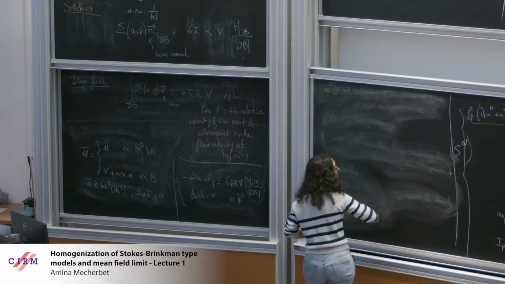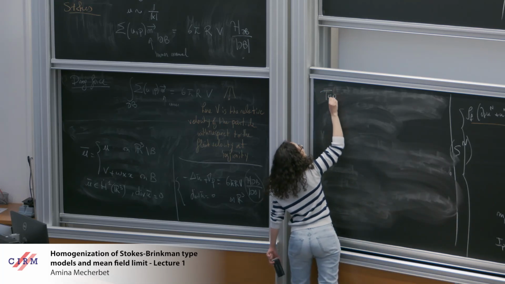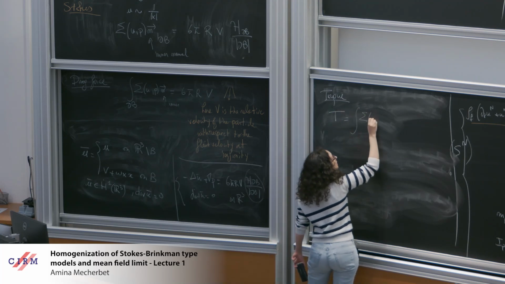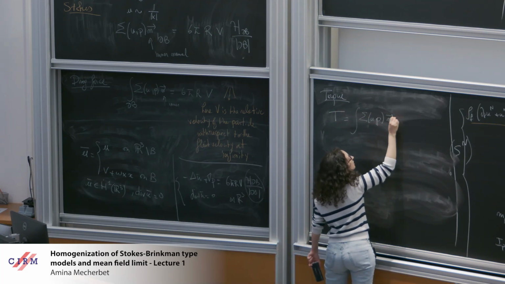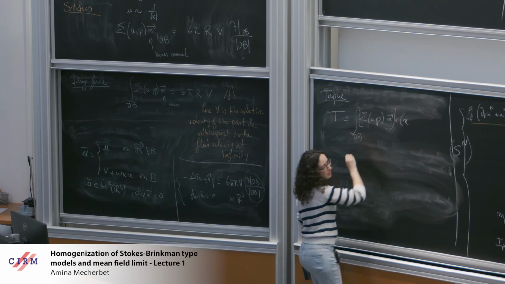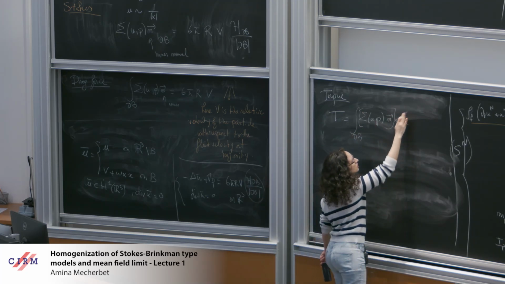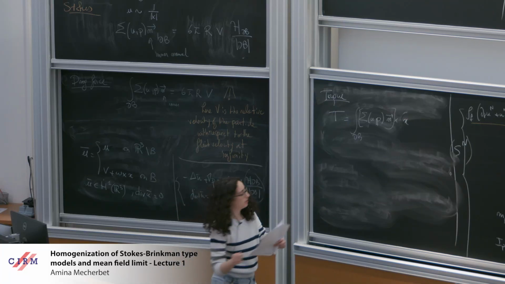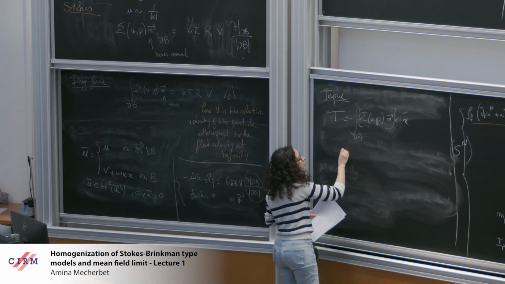And so for the torque, I will call it T, which is this term. Okay, maybe with a minus. This I never remember. I think it should be the reverse one.